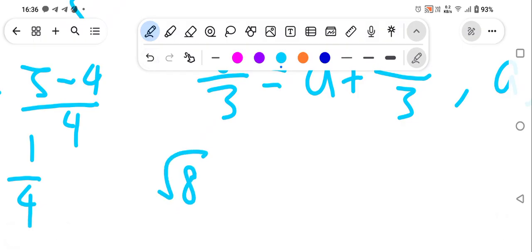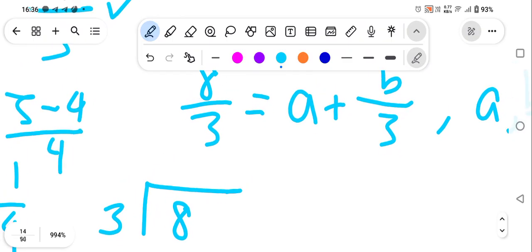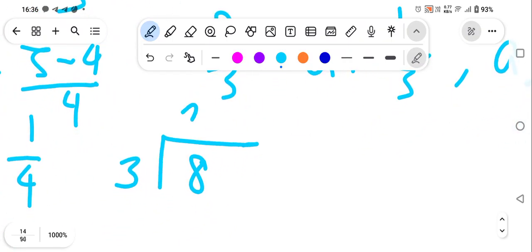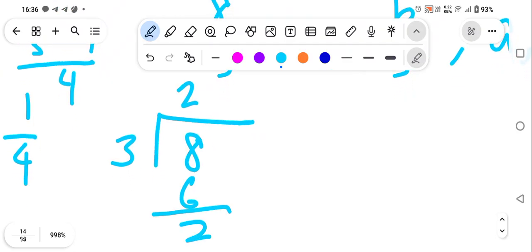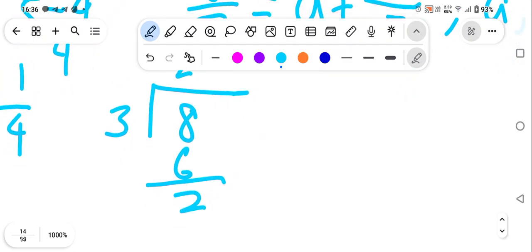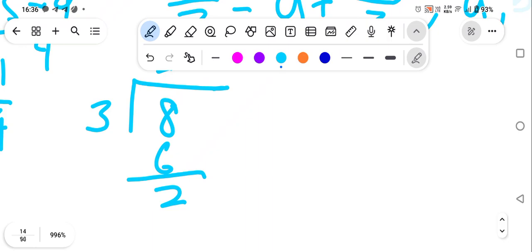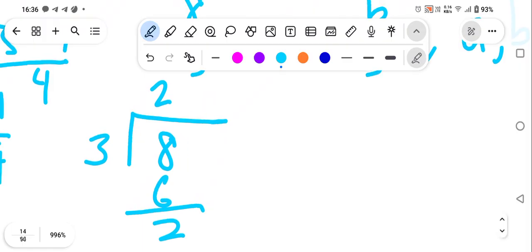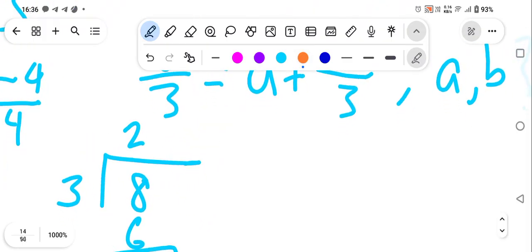We know that 2 times 3 is 6 with a remainder of 2. We're not going to divide any further because we already found a and b. So what is a? What is b?